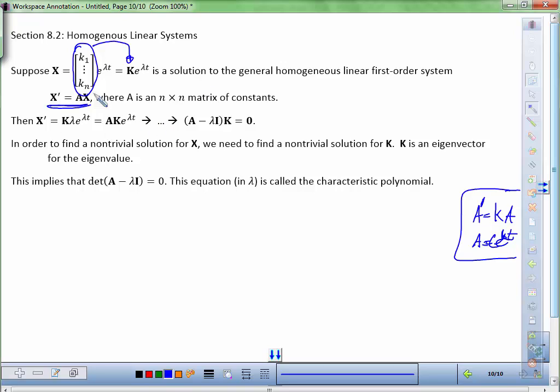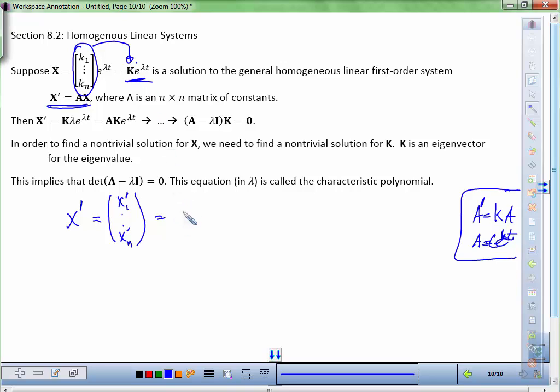Well, the process is shown here, but if we plug it in, if we look at x prime, that's x1 prime all the way up to xn prime, the derivative of each of these things. And if we take a look at that derivative, since this is a K, it's just a bunch of constants. It's in vector form, but it's really just a bunch of constants.